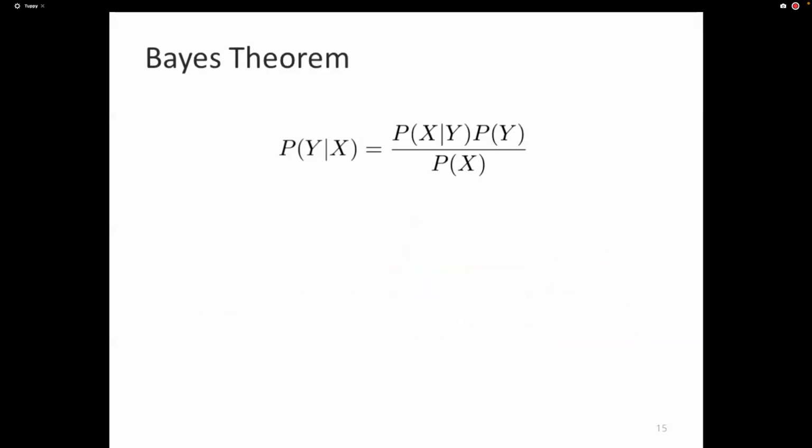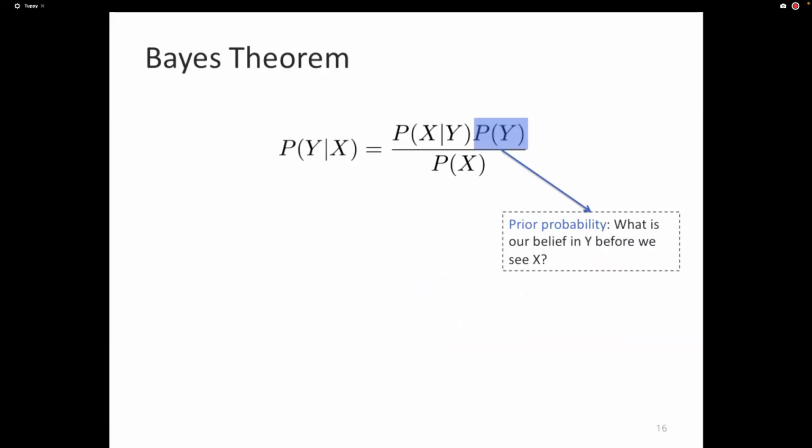Let's stare at this a little bit more and take a look at what this means. Let's go from the far end. So we have P of Y, which is called the prior probability. Notice that that expression is not conditioned, meaning there is no given anything.